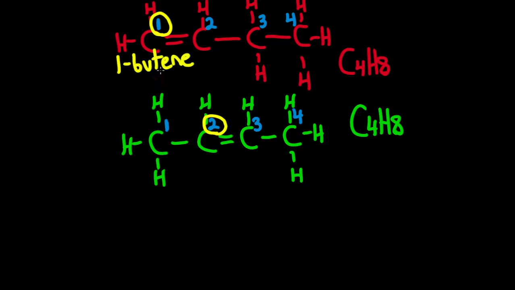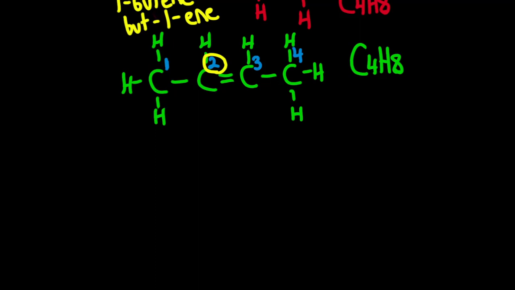Okay? My ene indicates that there's a double bond somewhere in there. My bute indicates that there are 4 total carbons, but my 1 indicates that that carbon-carbon double bond bridges the first carbon and the second carbon. I can also see this written as bute 1-ene. Okay? Either one works.